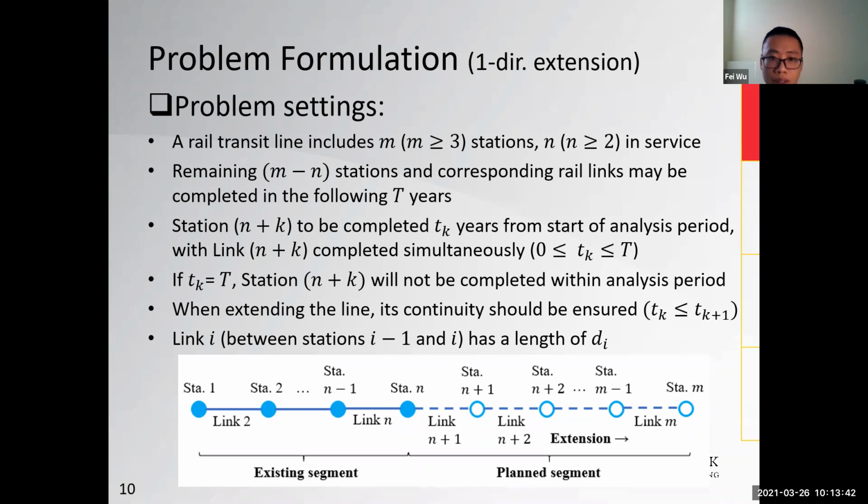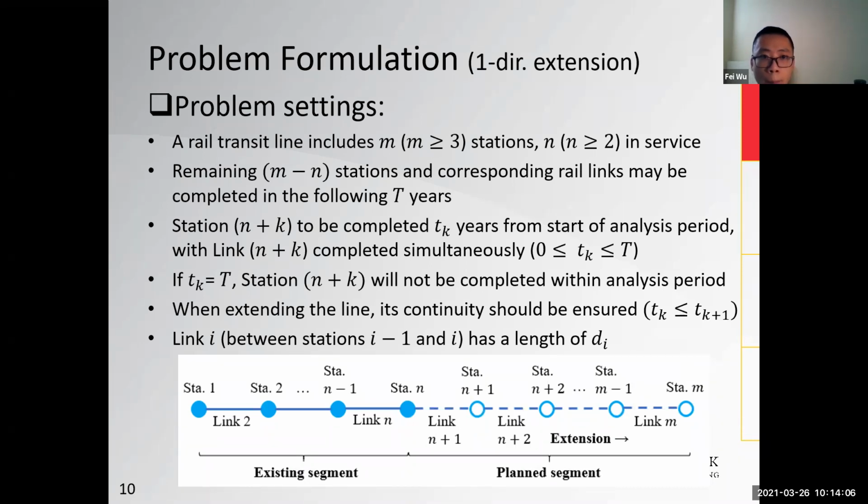This line is now extended in only one direction, and we're trying to complete all these stations in the following T years, which is the analysis period or the evaluation period.